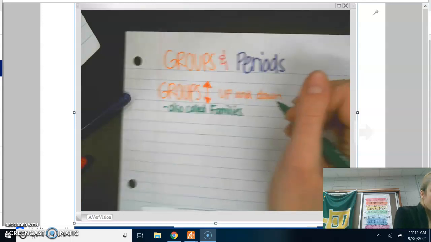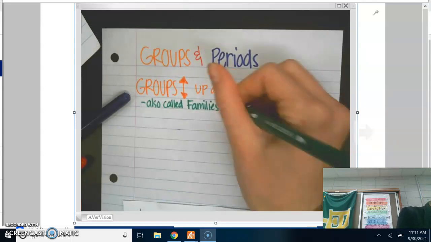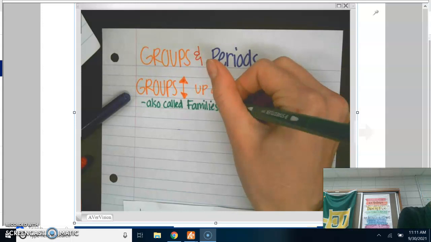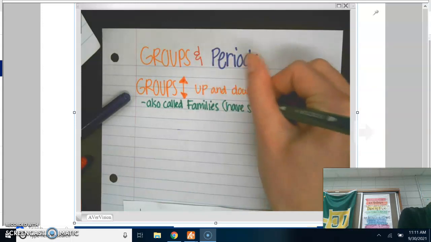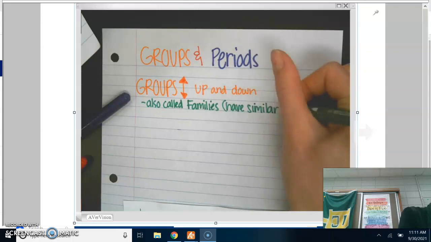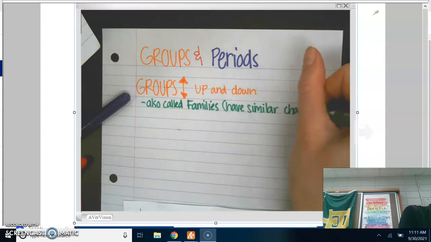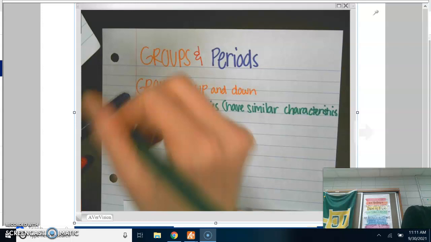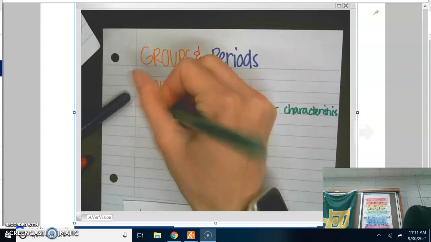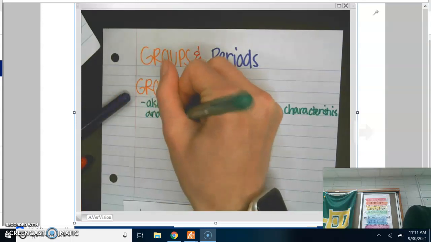And this is because they have similar characteristics. Oh my gosh, I can barely fit that. Similar characteristics and reactivity.